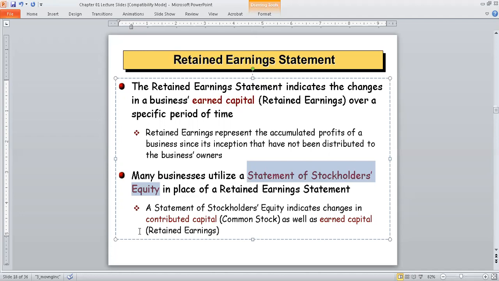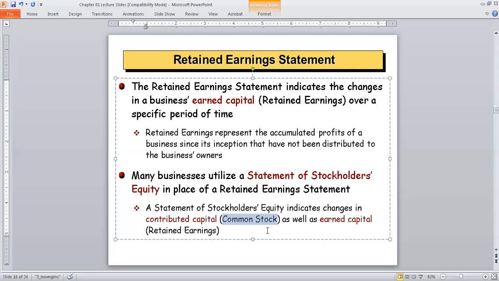Right? The cash that owners give to the corporation, we call that contributed capital. It's represented by an account called common stock. Common stock is a representation of the cash that owners pay to the corporation in exchange for their ownership interest, contributed capital.